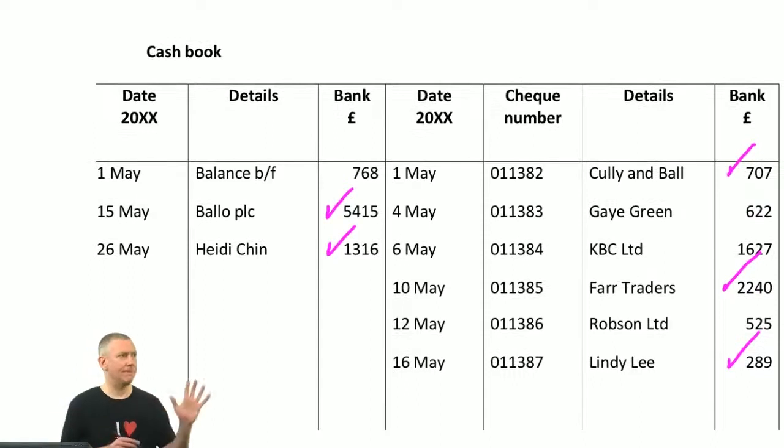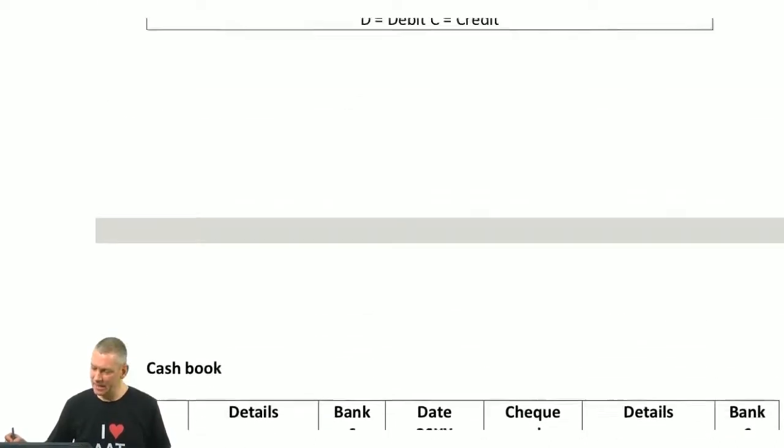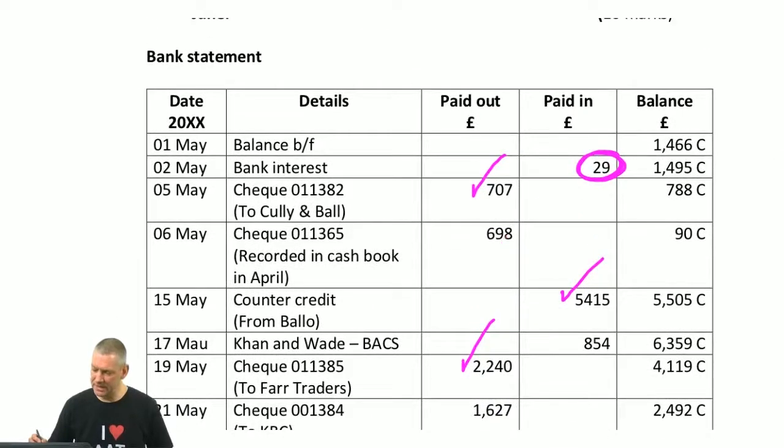So you have just May. All you have is just May. In real life, you would have May and April, and you would be able to see this balance of 698 recorded in the cash book in April, and you would tick it to the April receipt. So this does not need recording because it's already recorded.